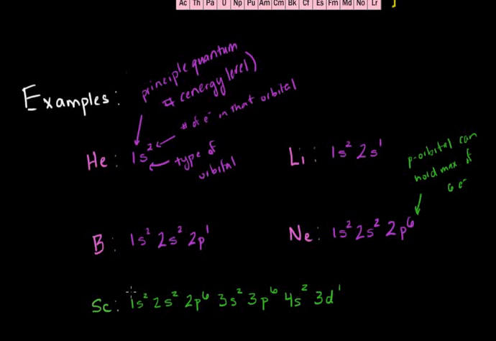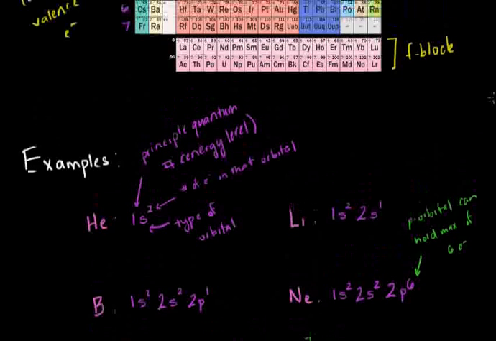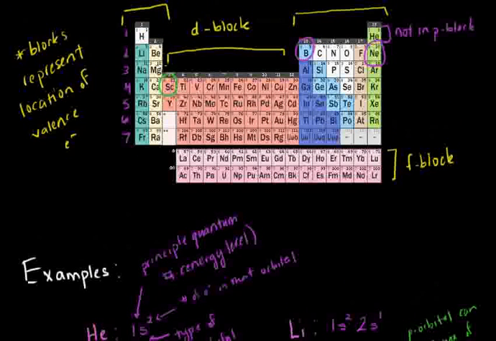Alrighty, so let's look at everything before the 3d1. This part should really make sense if you've understood these original examples. If scandium is right here, everything except that final electron is going to be the same. They're going to hang out in the same places in which they hung out in calcium.